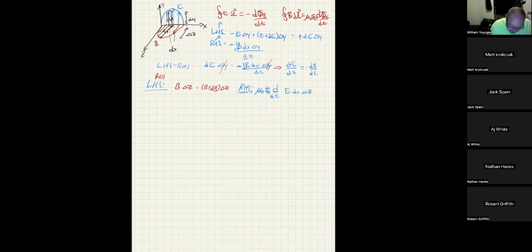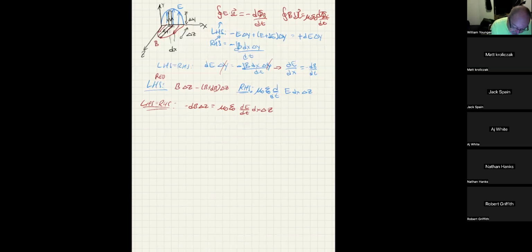So I can actually set these two equal. You notice the B delta Z minus B delta Z minus dB delta Z ultimately gives us, going back to red, left-hand side equals right-hand side: negative dB delta Z is equal to mu 0 epsilon 0 dE over dt dx delta Z, sorry.